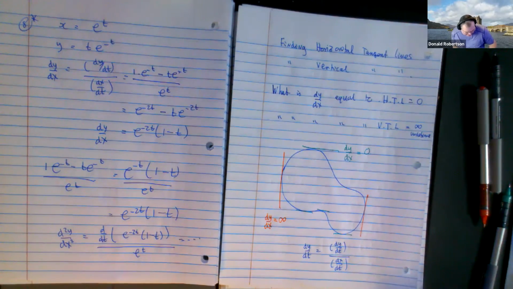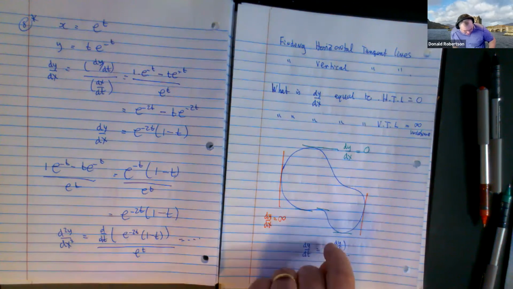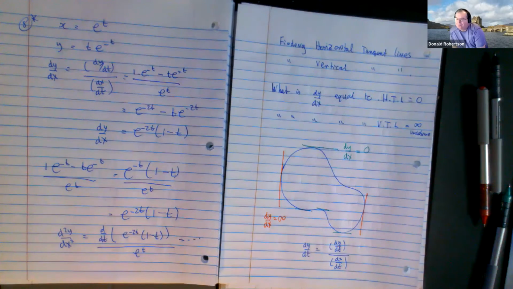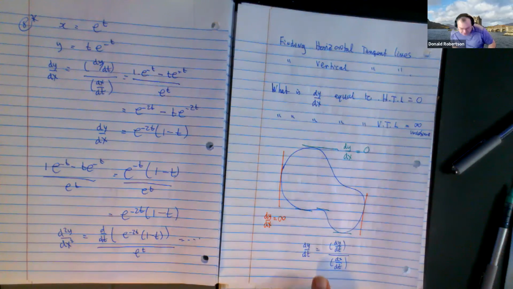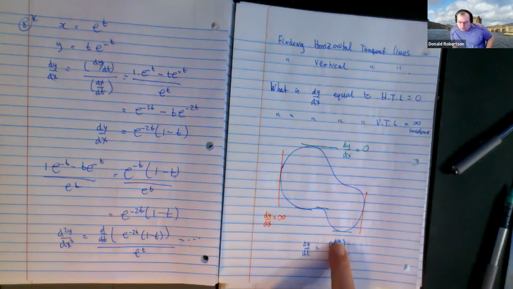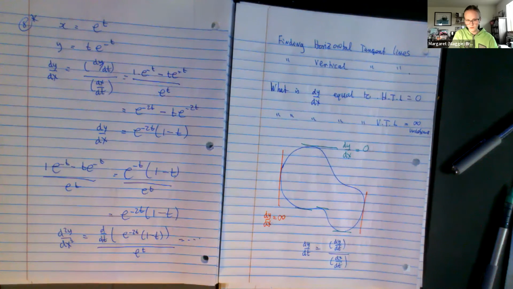So, if the derivative is 0, which one of these two, dy by dt or dx by dt, is the only one that needs to be 0? dy by dt.